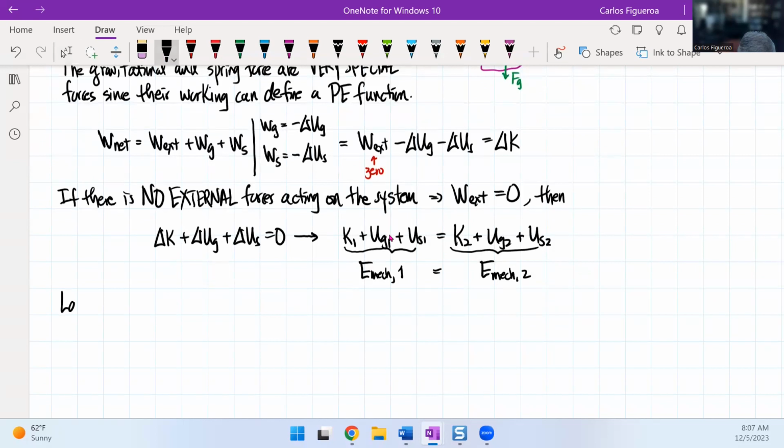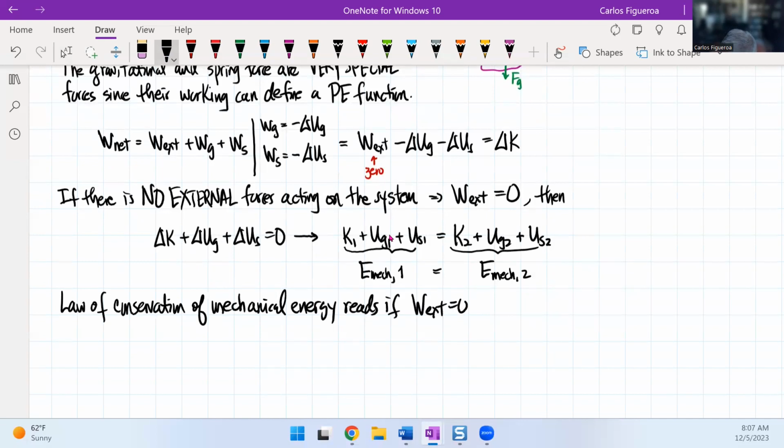The law of conservation of mechanical energy reads that if there is no external work, then the energy beforehand is equal to the energy after the interaction.